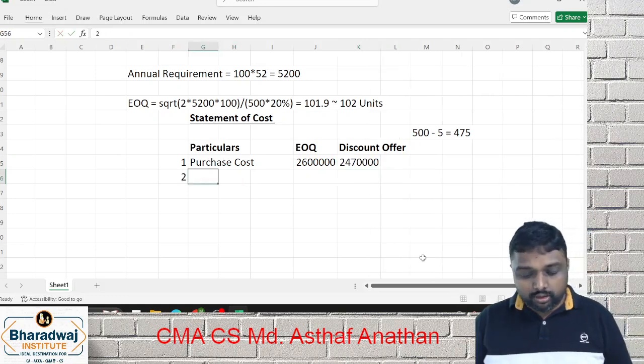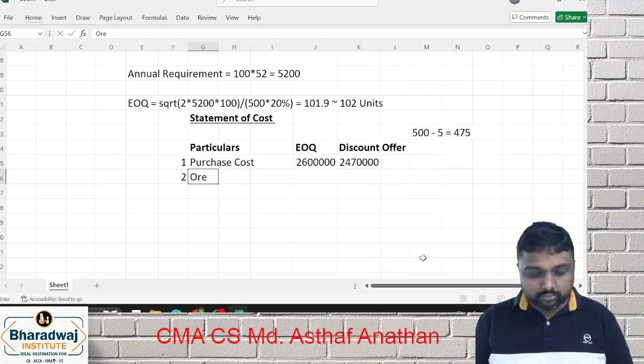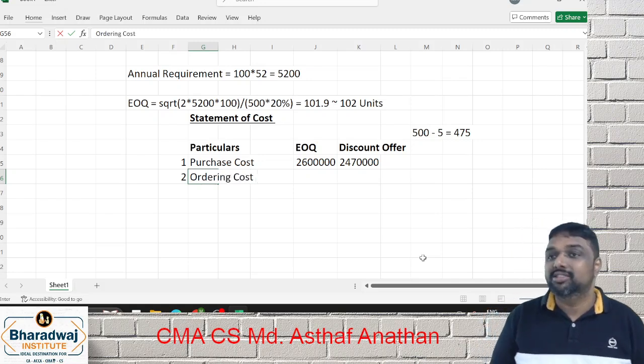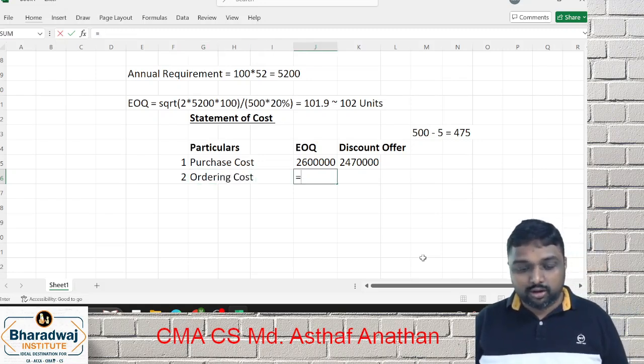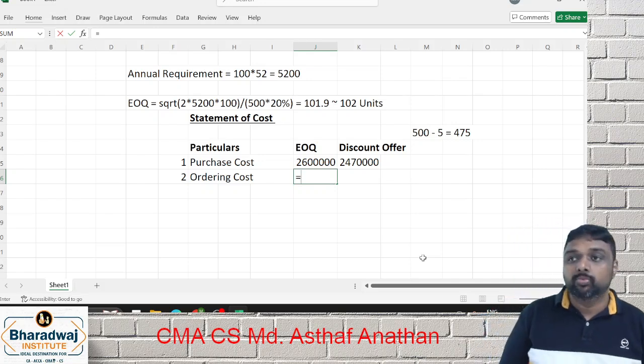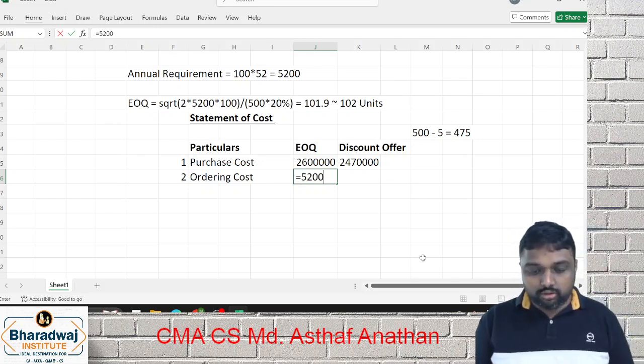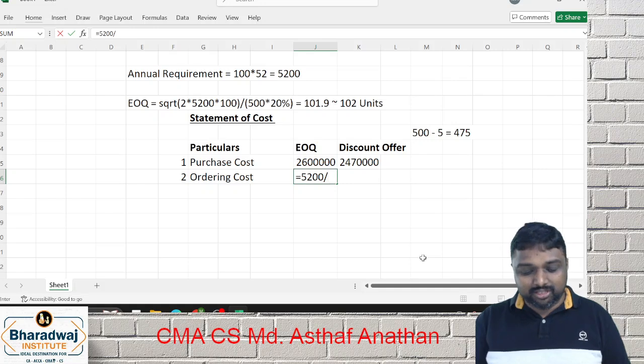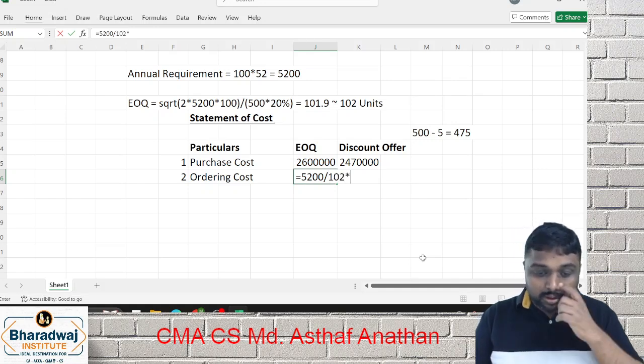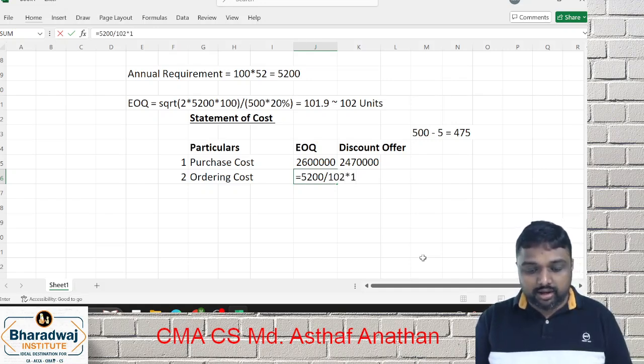Next you can go for ordering cost. What is the ordering cost? Number of orders. How will you get the number of orders? 5,200 divided by EOQ, which is 102, into ordering cost, which is 100.